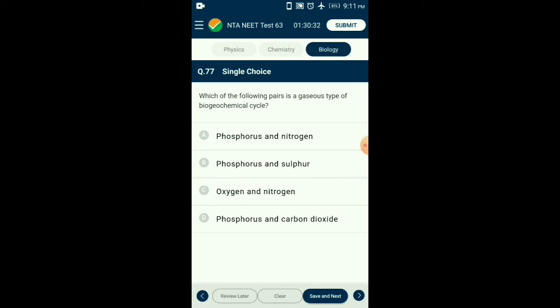In sedimentary nutrient cycles, the materials involved in circulation between biotic and abiotic components of the biosphere are non-gaseous and the reservoir pool is the lithosphere. Examples: phosphorus, calcium, magnesium, sulfur, as well as both sedimentary and gaseous nutrient cycles. So the answer is option C, oxygen and nitrogen.